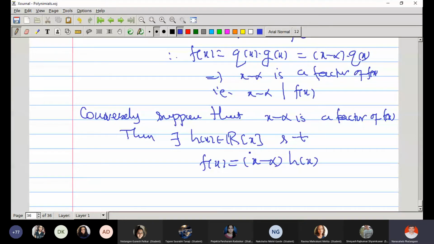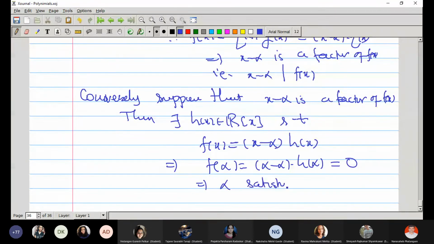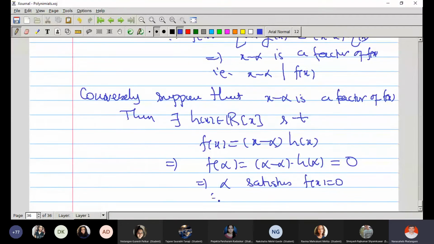If we evaluate at alpha, we get alpha minus alpha into h of alpha, but this product is 0. Therefore alpha satisfies f of x equals 0, so alpha is a root of f of x. So in both ways it is true.